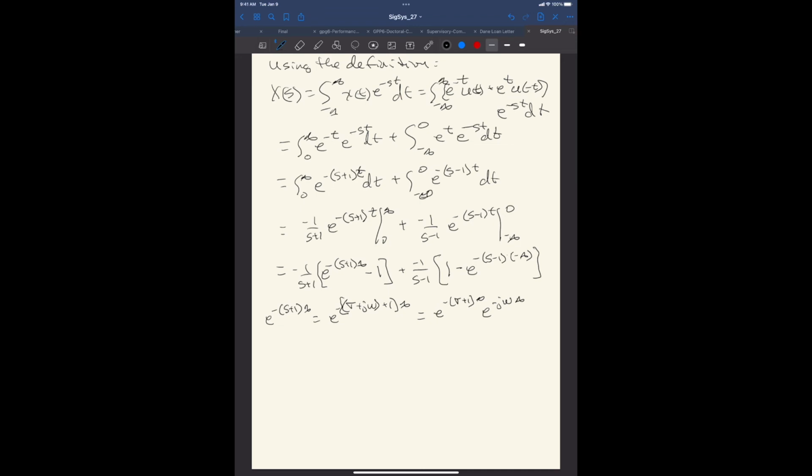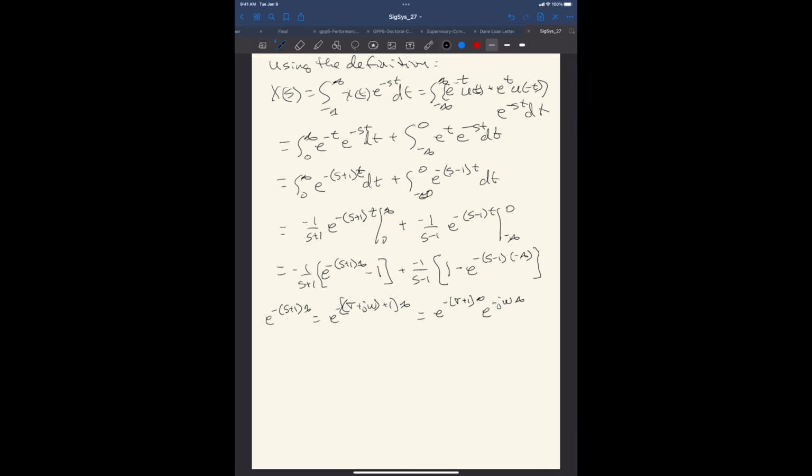The e to the minus j omega infinity is bounded. It's just a complex sine wave at frequency omega. So the real part goes between plus and minus 1. The imaginary part oscillates as well between plus and minus 1. It's bounded. It doesn't get big. It doesn't get small.